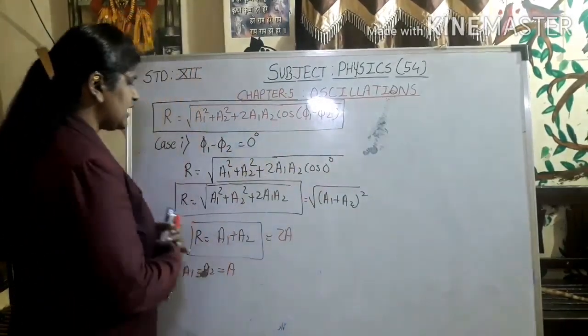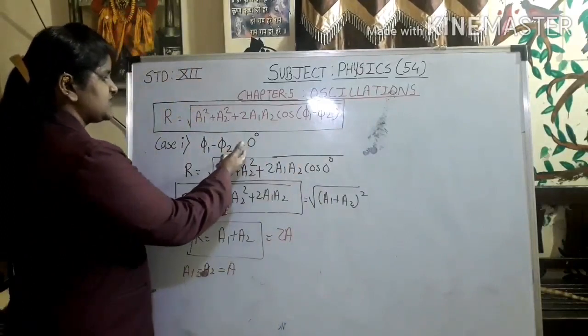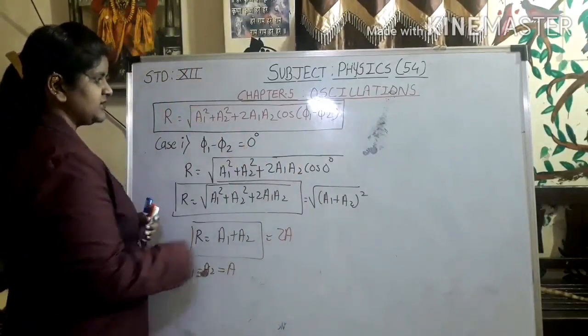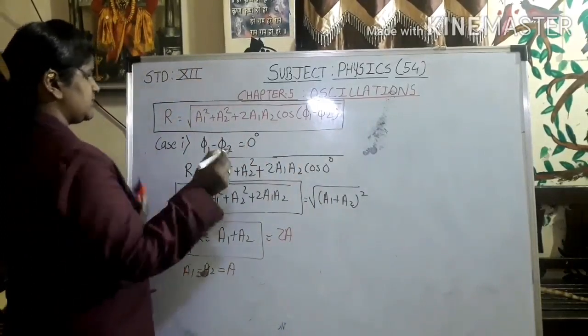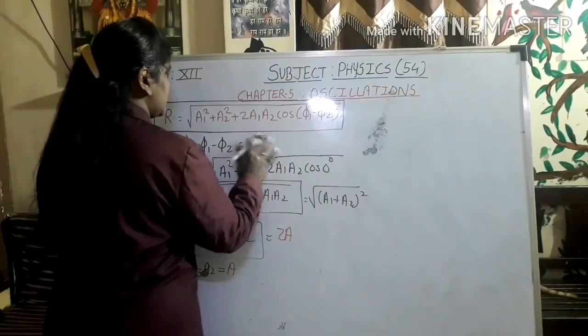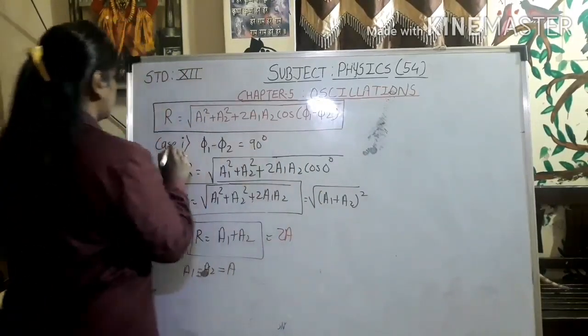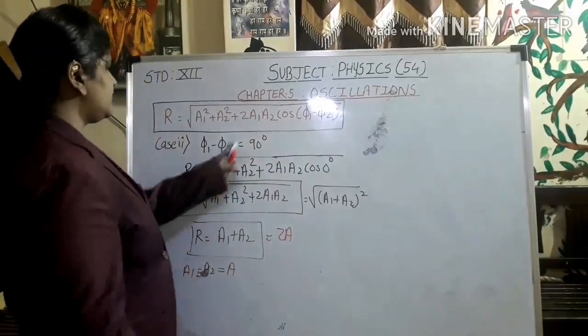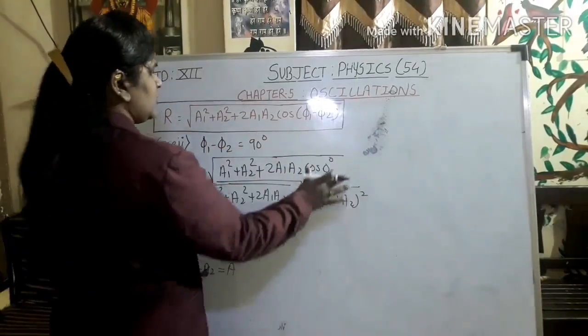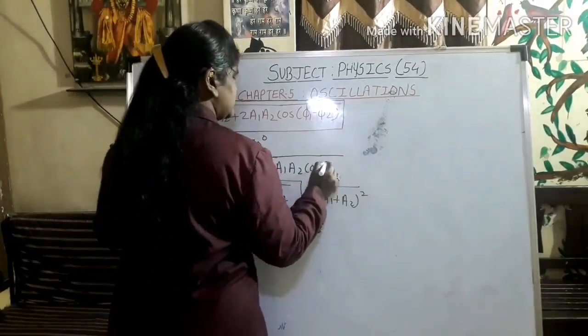Now, after this, we are going to consider this as 90 degree. Case 2: if this becomes 90 degree, what will happen over here? It will be cos 90. Am I right? Yes.